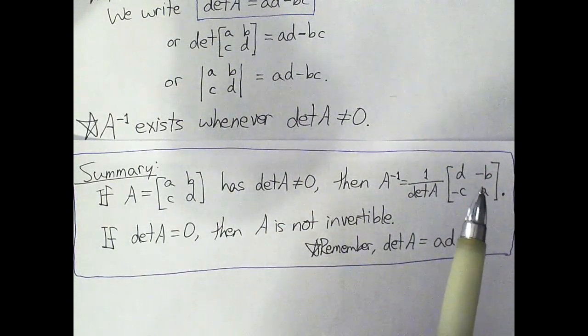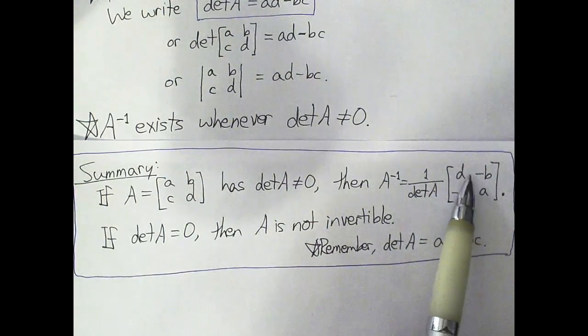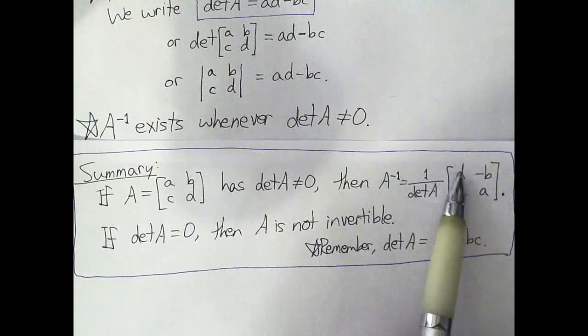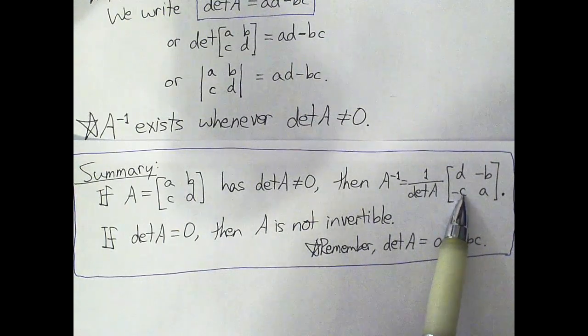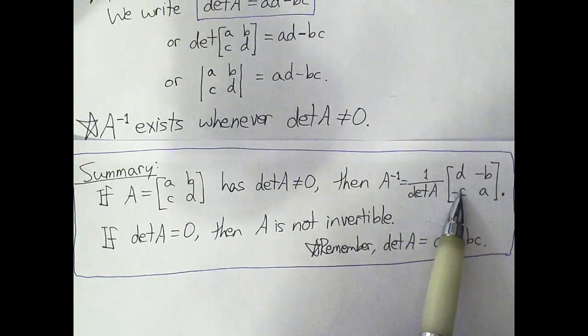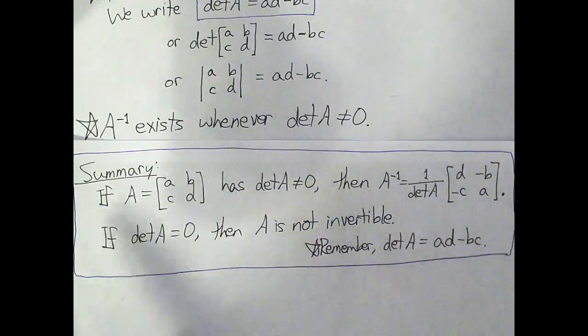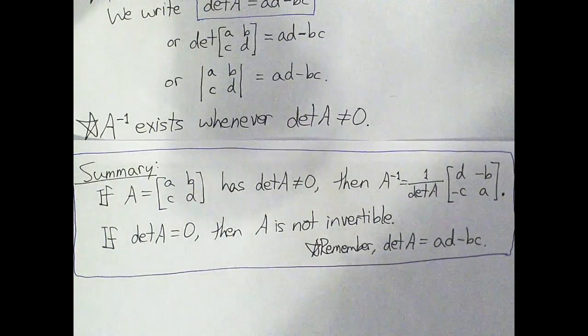But one thing you could do is notice that the A and the D swapped places, and the B and the C stayed where they are but became negative. I don't know if that helps or not, but that's a good summary of matrix inverses for the 2x2 case.